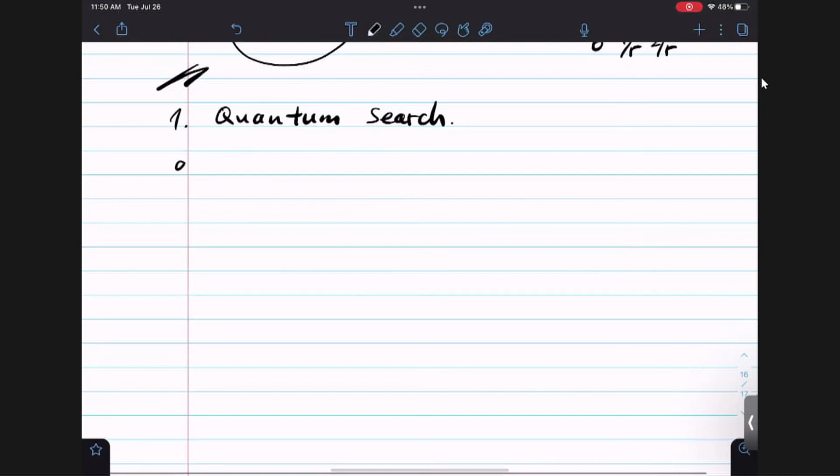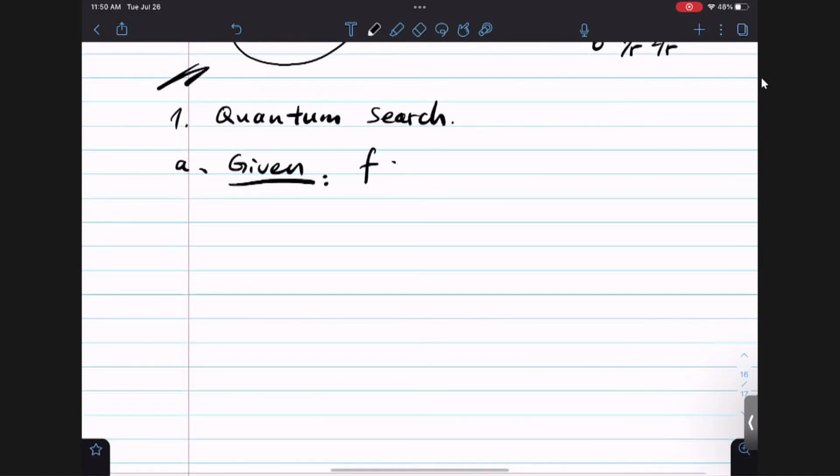So let me define the problem first. We're still in this black box model, right? We are given a black box function, a Boolean function from n bits to 1 bit. Again, we are assuming we have a unitary implementation for this function.